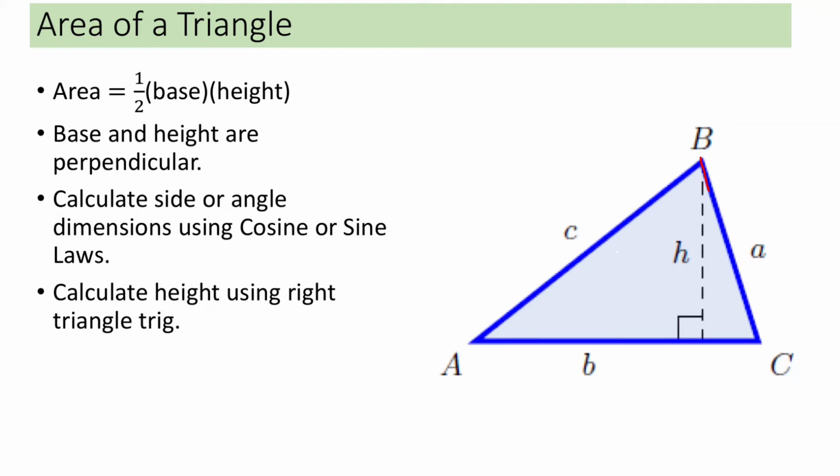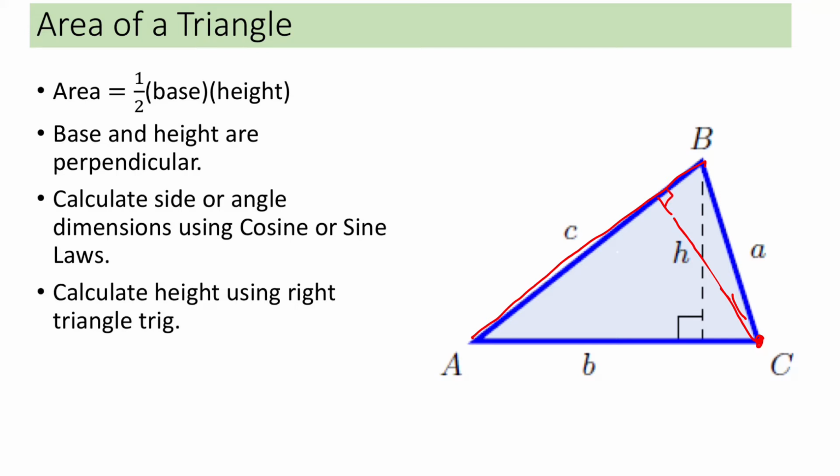If this is the base you choose, then your height would be perpendicular to it, emanating from its opposite angle over here, and this would be your height. And if this was the base you chose to use, then your height perpendicular to that base going out to this opposite angle would be here. So that would be your h that you'd have to calculate there.